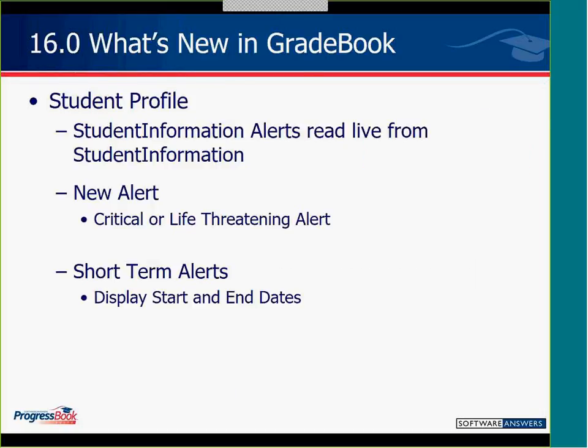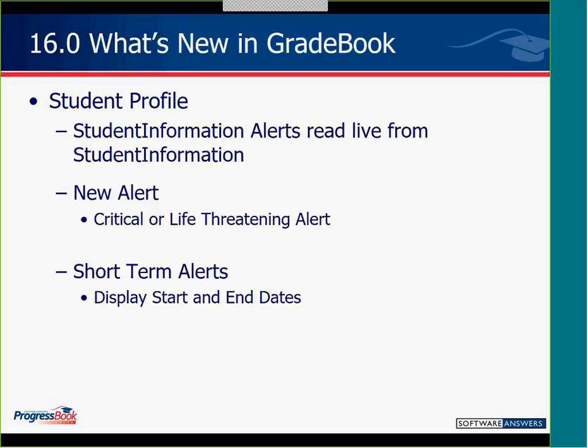On student profile, our student information alerts, which are medical, custody, miscellaneous, and disability alerts, are now reading live from student information. This ensures that all of the alert information is up to date. Now that we're reading that data directly out of student information, we're able to capture more information.